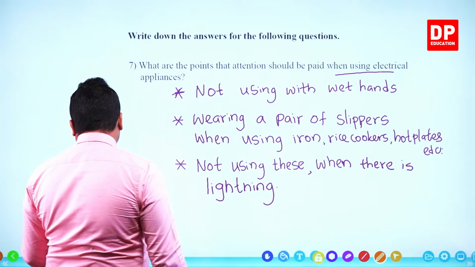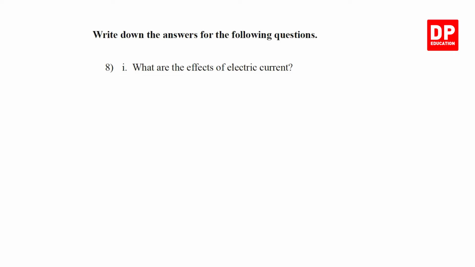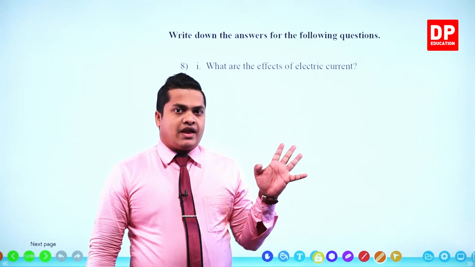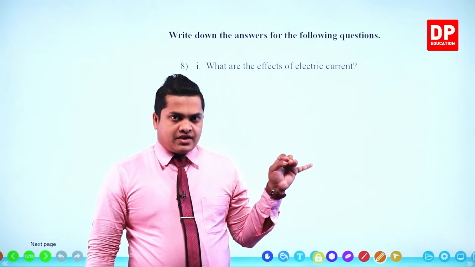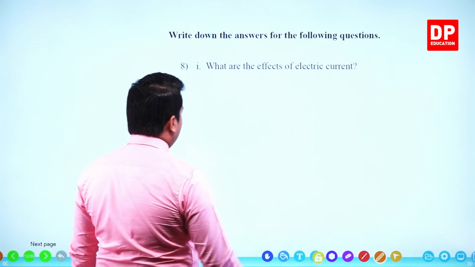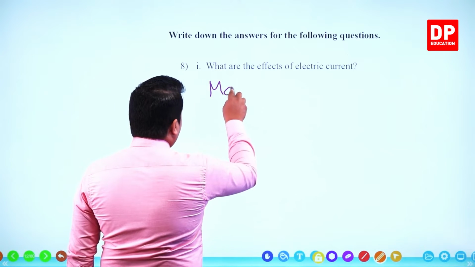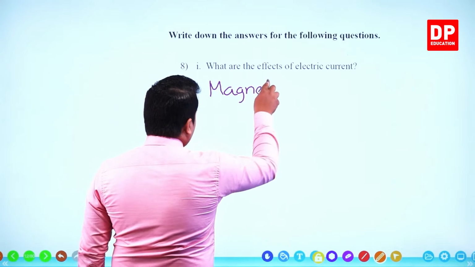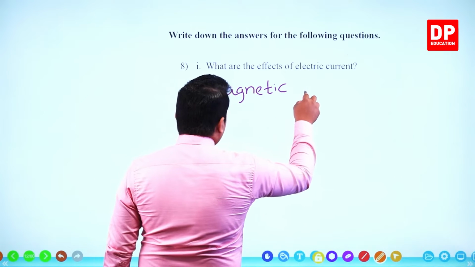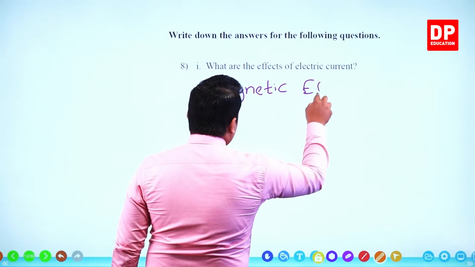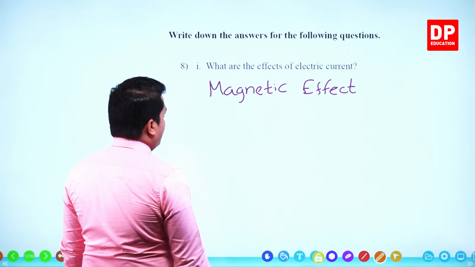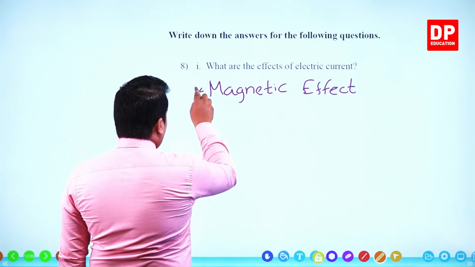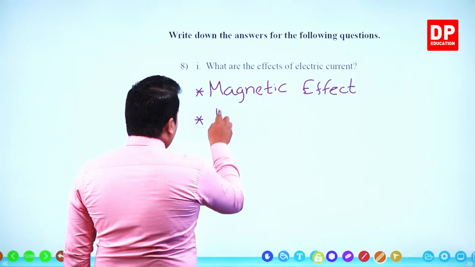Right then. What are the effects of electric current? So we studied four effects of electric current, my dear children: magnetic effect, lighting effect, heating effect, chemical effect.